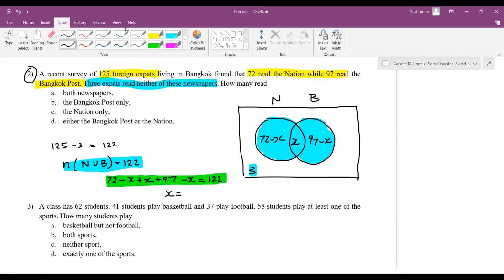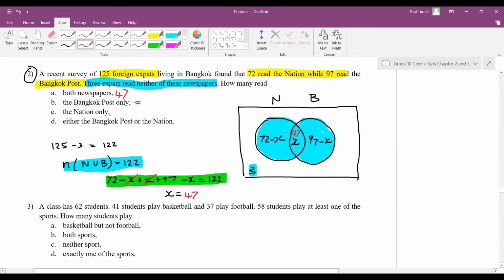Sunita. 47. All right, whoever. 47, right? Yeah, 47 by rearranging. So just cut out 2 of the x's here and rearrange this. You should get 47. So that means that 47 people read both. So if x is 47, we put it in there. How many is Nation?